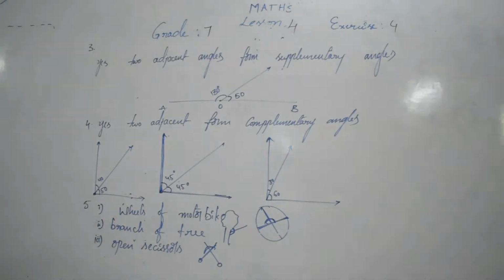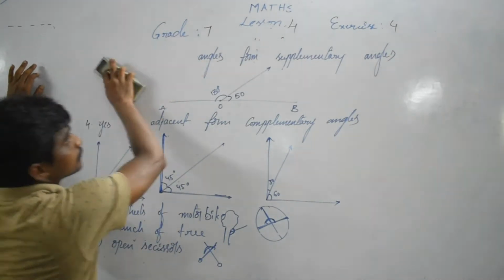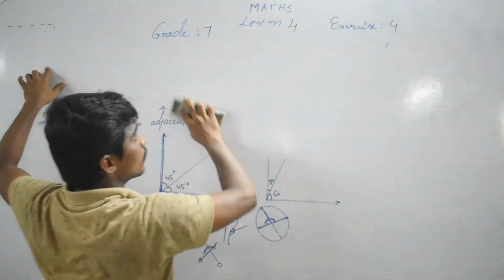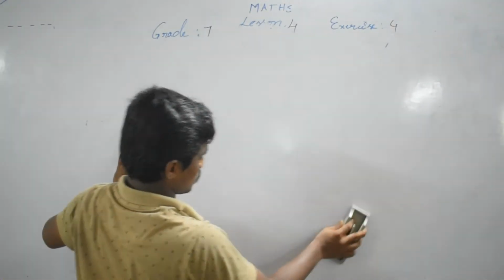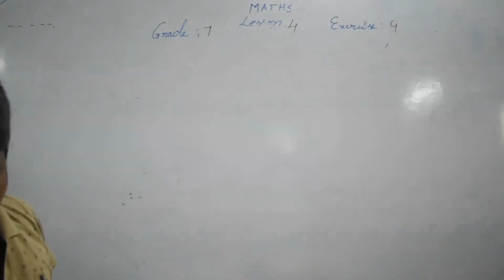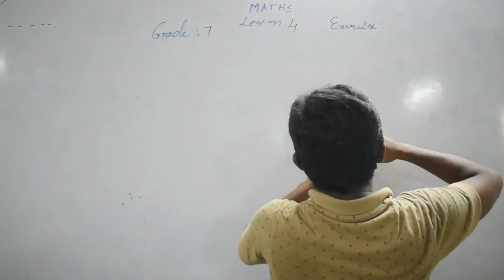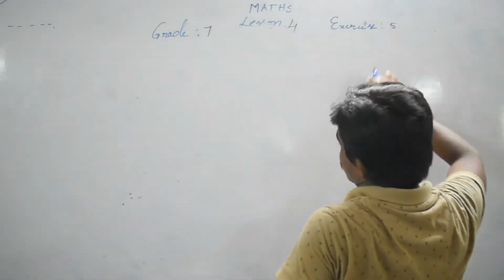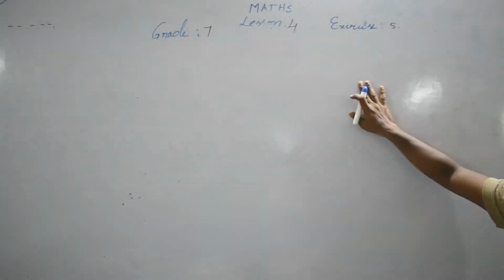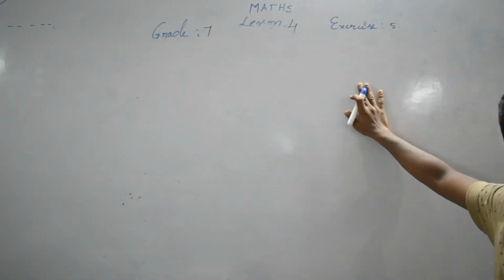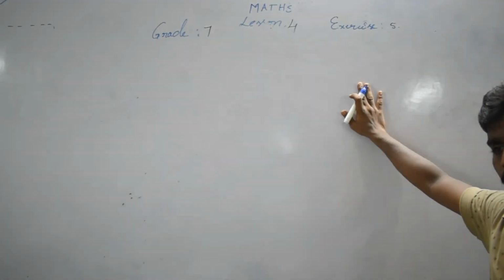Next one, exercise 5. We know from the previous exercise what adjacent angles are: two angles having a common vertex.